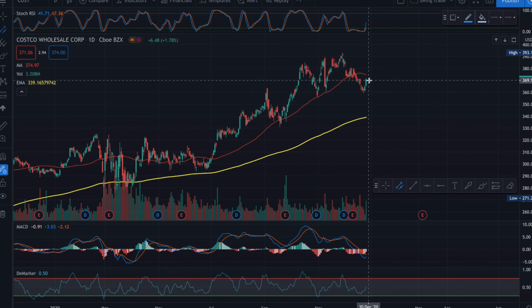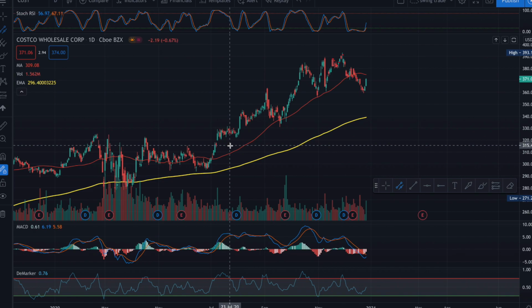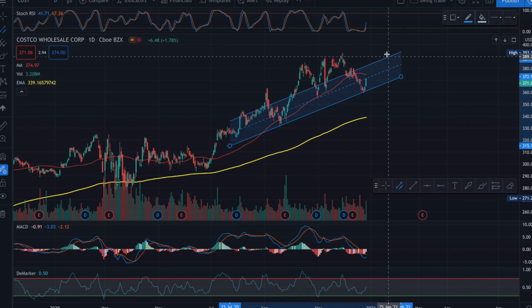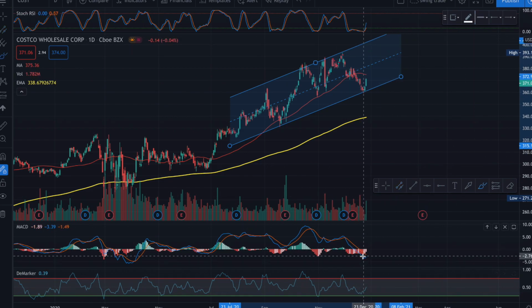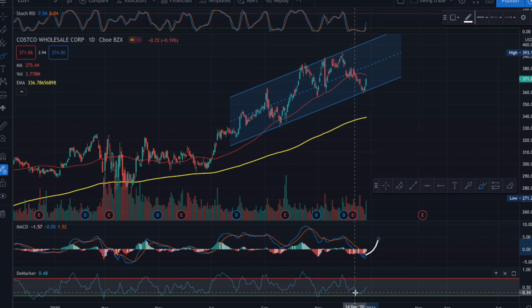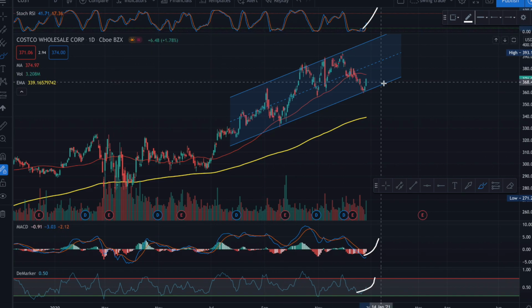Now it's currently up. As we can see, COST is between a good channel, and stochastic RSI and MACD and DeMarker are all bullish. And again, as I explained previously, when a stock is between a channel, stochastic RSI is the best performing indicator for reversals.